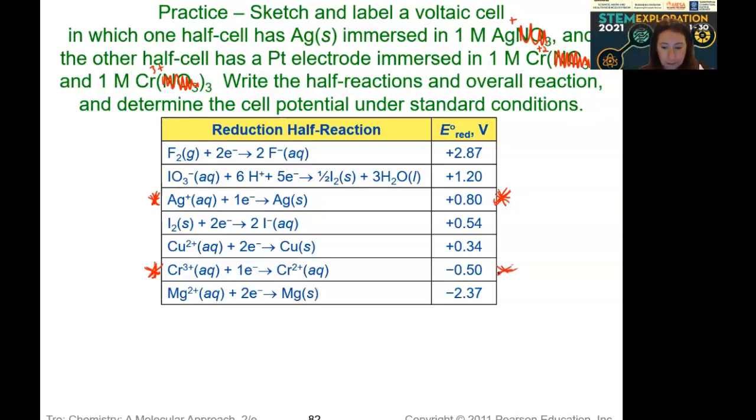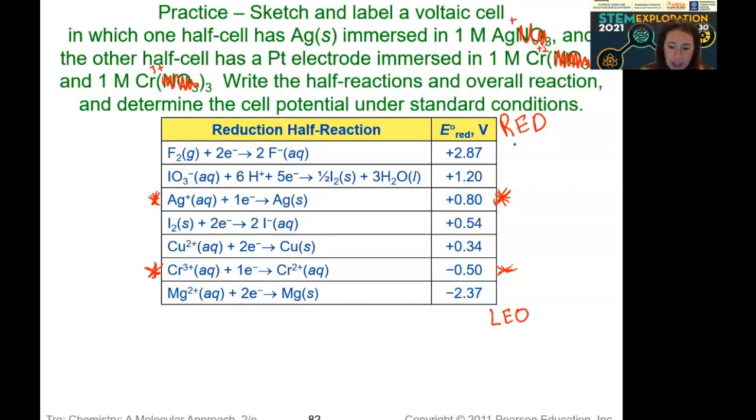Okay, so now we have to decide which way it's going to go. So remember, the higher up here, the more likely it is to be reduced. The lower it is, the more likely it is to be oxidized. Reduce means gain electrons. Reduce means written in the direction that it's already done, right? So gaining electrons, right?